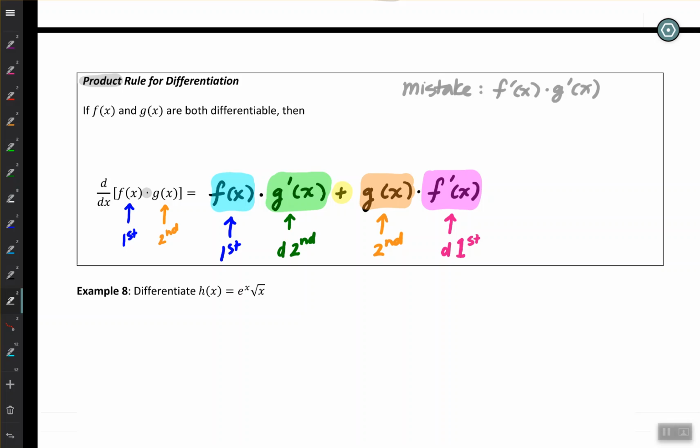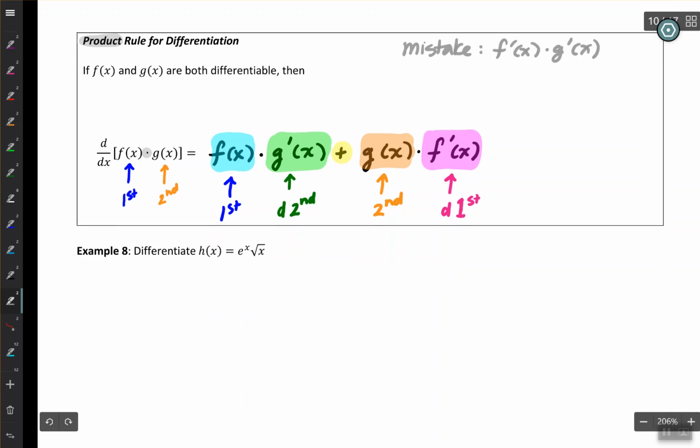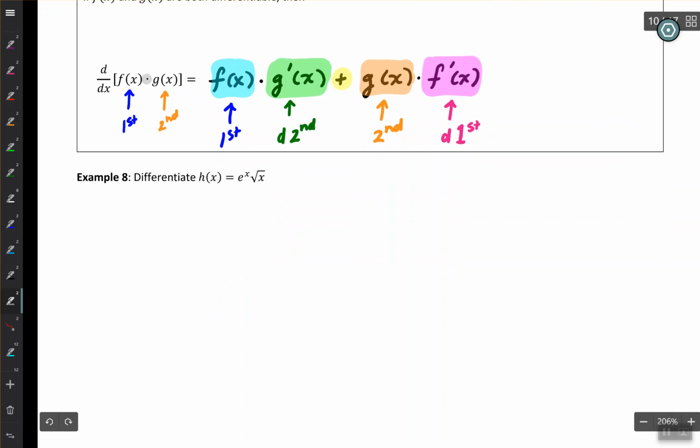It's reasonable to think that. After all, for sums and differences, we could compartmentalize our thinking. But for product rule, we need to first identify that we need product rule, and then we need to go after each one of these pieces.